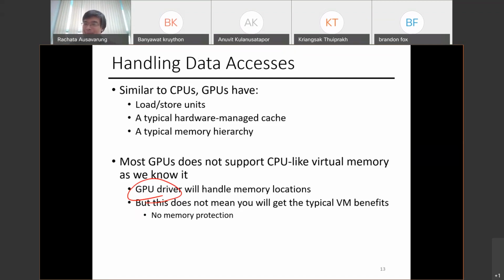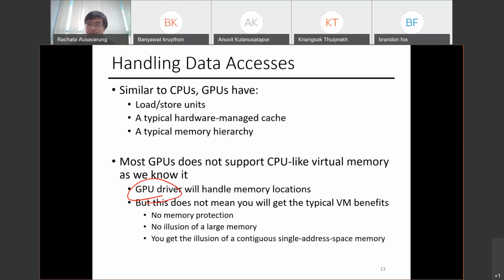You don't fully get memory protection as fine-grained as the CPU counterparts. There are some limited forms of memory protection. There's no illusion of large memory. There's some illusion that you can extend your memory to the CPU, and that's pretty much it. But if you extend the memory to the CPU, the performance sucks. I'm going to tell you how bad it is in a bit.